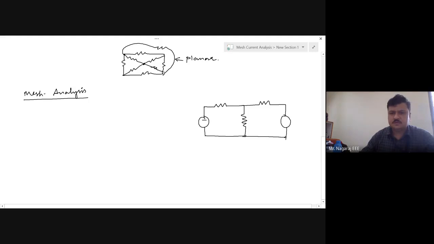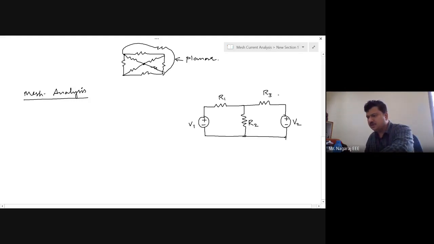Okay. So let this be V1, let this be V2, let this be R1, resistor R2, and resistor R3. Okay. So how to start the mesh current analysis?